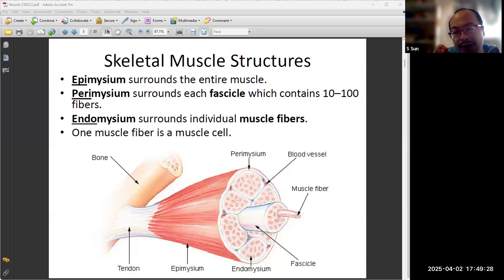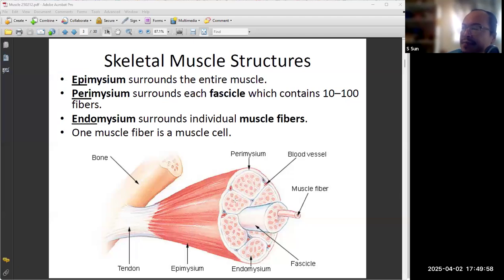Each single muscle fiber is a muscle cell, and multiple muscle cells wrap together to form a fascicle, and these fascicles are wrapped by perimysium, and then multiple fascicles wrap together to form a muscle organ, and these muscle organs are wrapped by epimysium. So that's the overall structure.